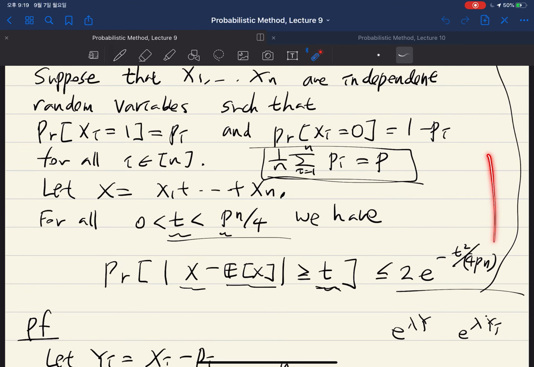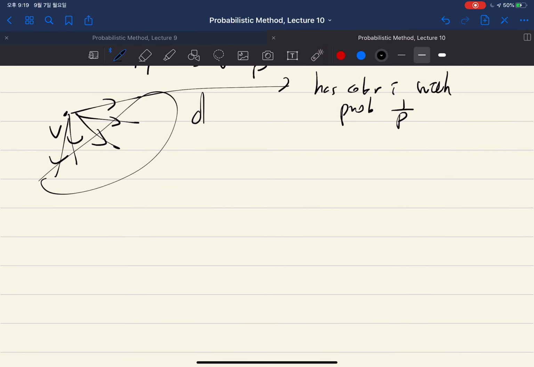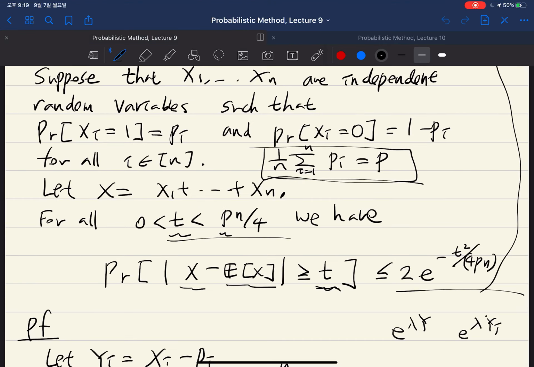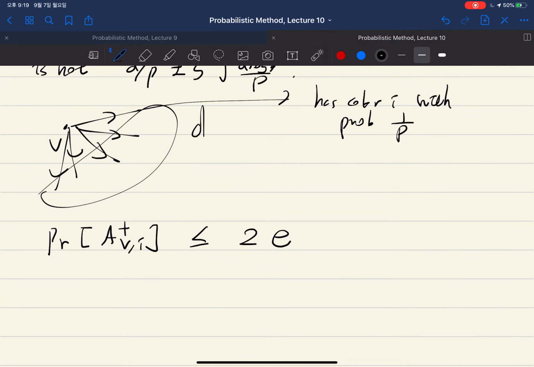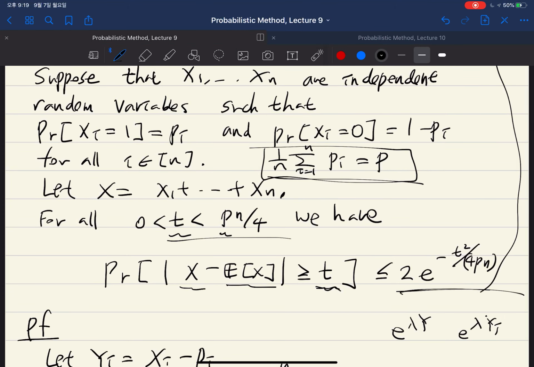Then you can apply this Chernoff bound. So the probability of A plus v i is at most 2 times e to the minus 25 d log d over p over 4 times pn.